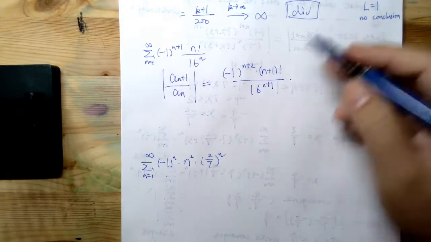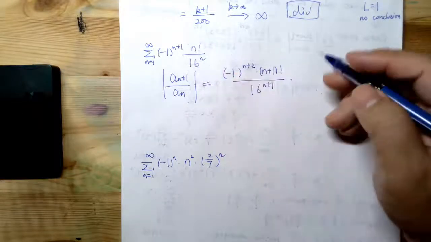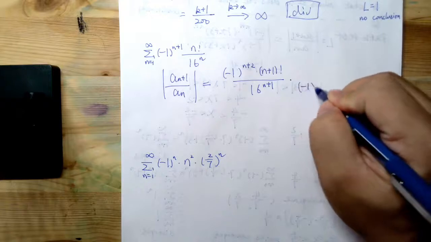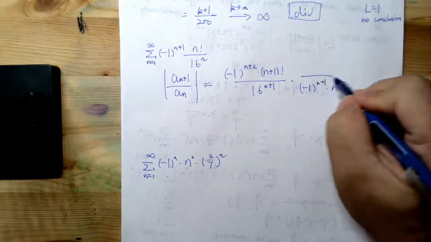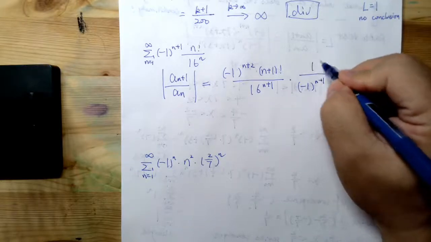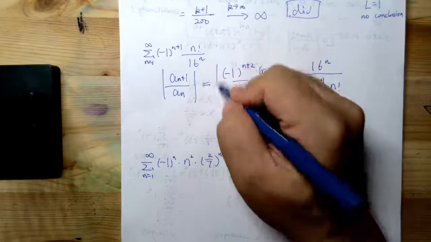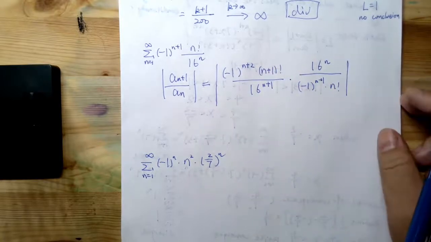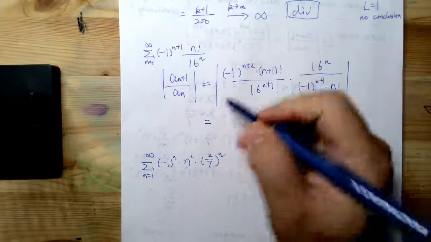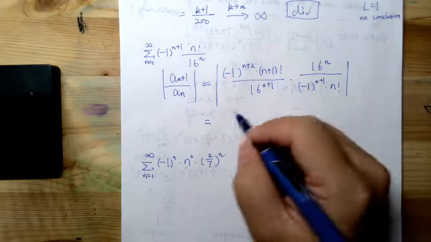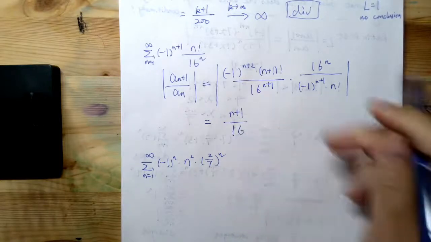Again, dividing by a_n is equivalent to multiplying by the reciprocal, which is negative 1 to the power n plus 1, n factorial over 16 to the power n. I put an absolute value here, and it turns out I can get rid of the signs. After simplification, I got (n plus 1) over 16.